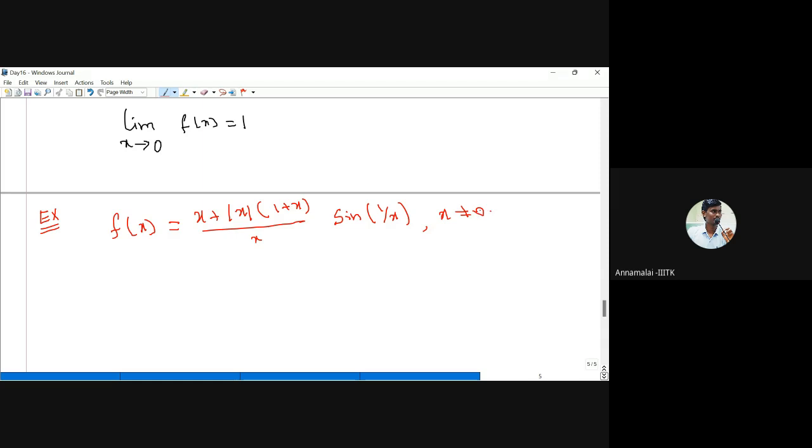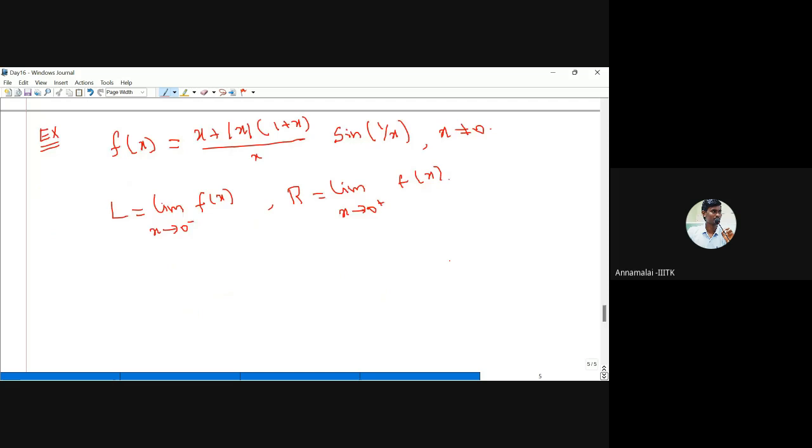For non-zero points, they define this. Now they call L equal to the left hand limit, that is limit x goes to 0 minus f of x, and R is the right hand limit, limit x goes to 0 plus f of x. Then which one of the following is true?